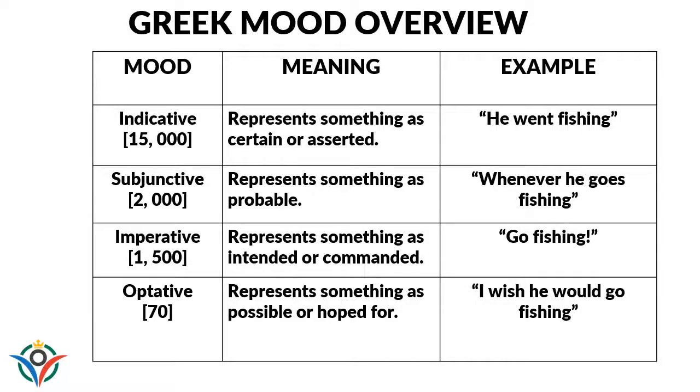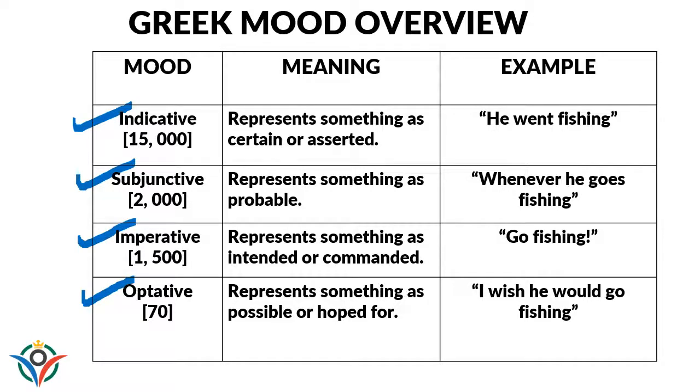So I'd like to begin this lesson by doing an overview of the Greek moods. So let me just remind you that there are four moods in Greek. We have the indicative, the subjunctive, the imperative, and the optative.